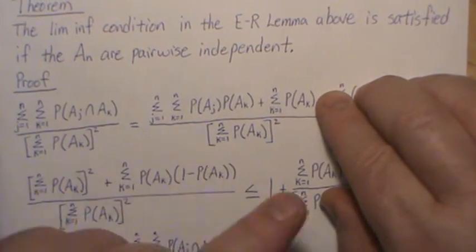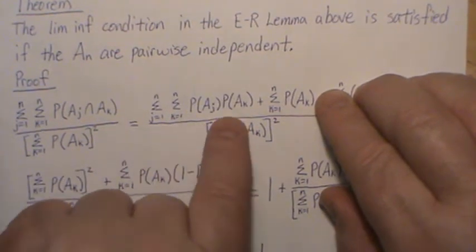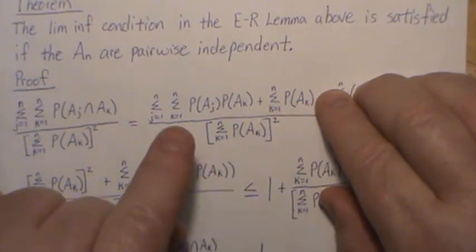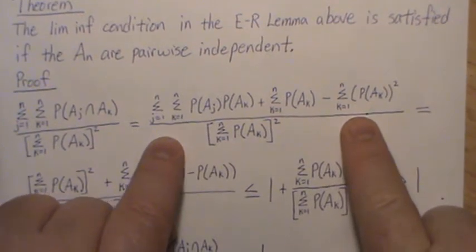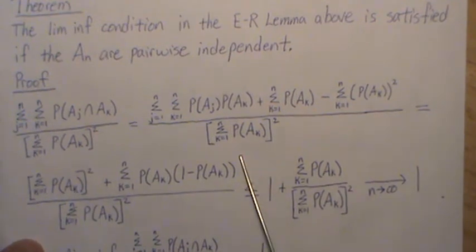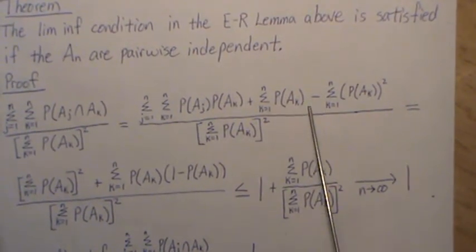Then if we want to add back in the case when j equals k, when we have this product, then we add it here and we have to subtract it here, right? So this does equal the numerator here. And then we just carry along the denominator. Now, let's put this piece over here and this piece over this piece.